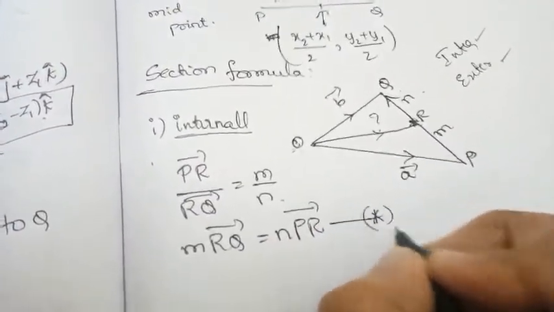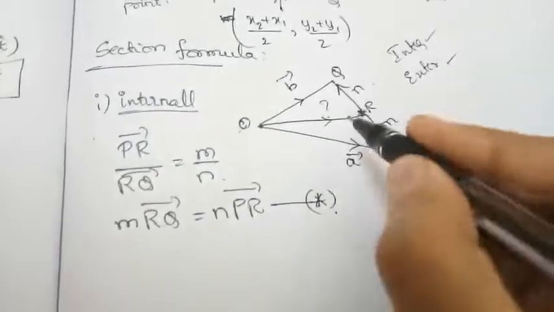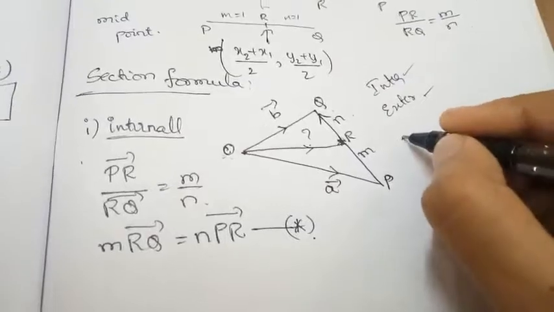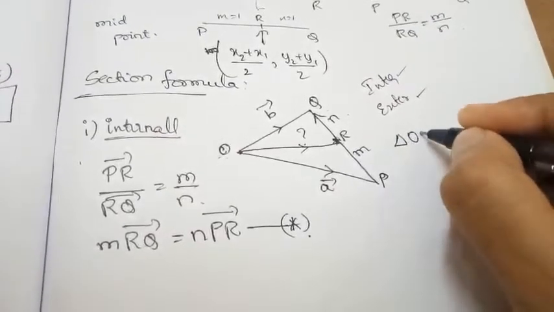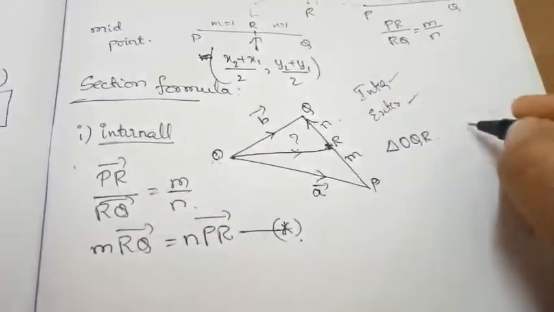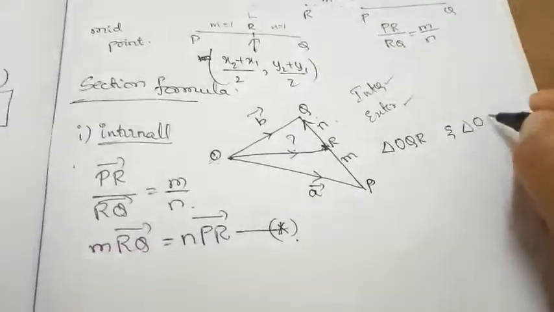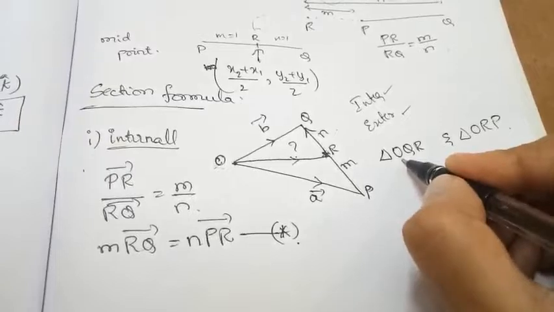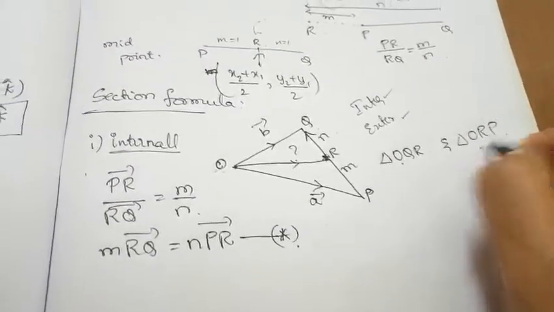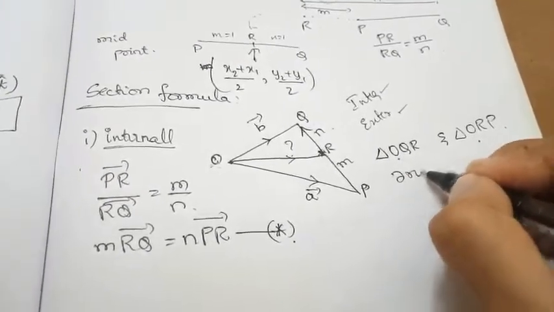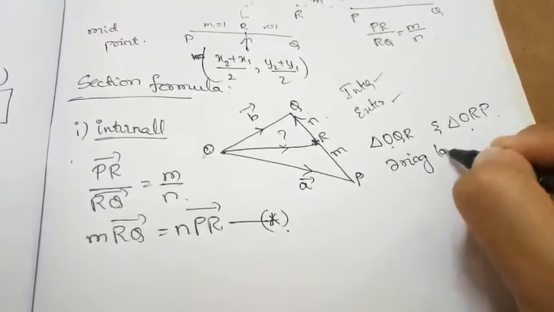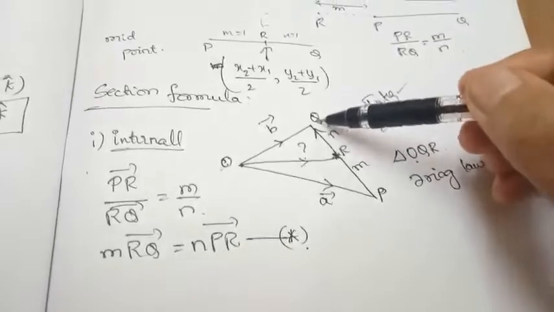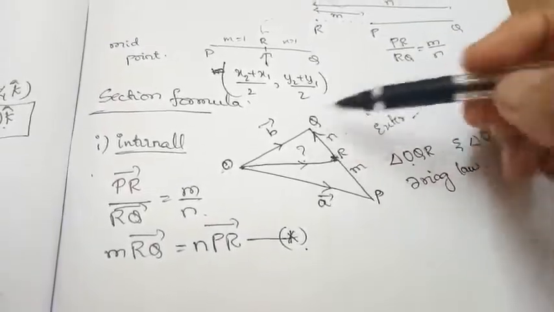Let it stay. Now, looking at this diagram, we have two triangles: triangle OQR and triangle ORP. In the triangle OQR and the triangle ORP, we are using the triangular law to find what we are going to find.